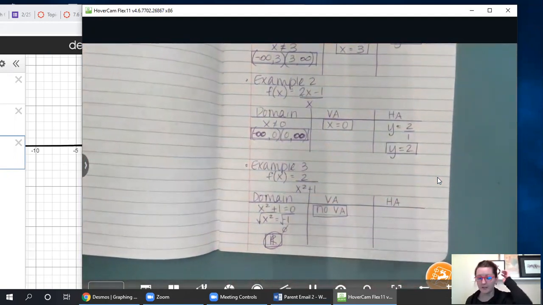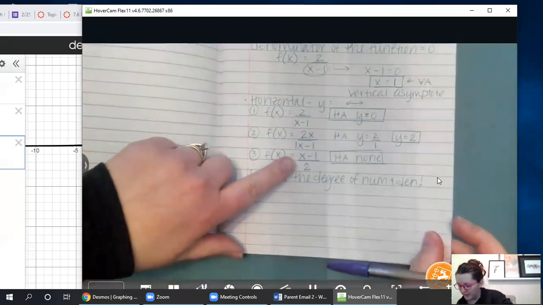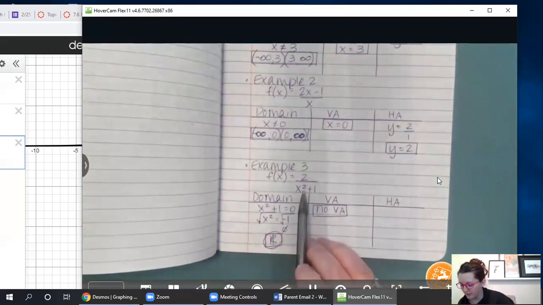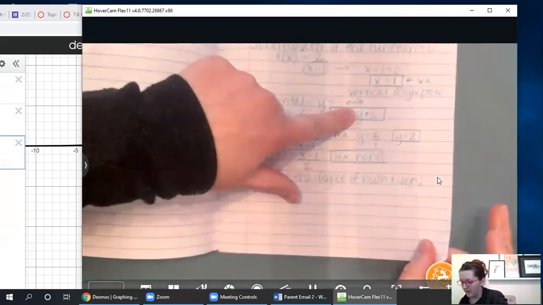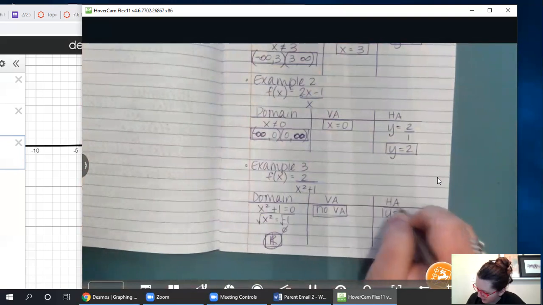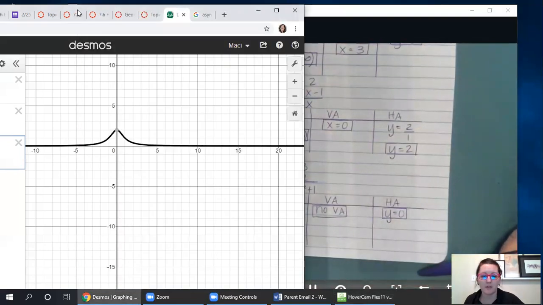Then our horizontal asymptote, we're going to be looking back at our notes here. If my degree in the denominator is larger, degree in the numerator is 0, degree in denominator is 2, is larger, then my horizontal asymptote is at y equals 0. Not a whole lot of math there. So let's look at our Desmos graph and see if we're correct.